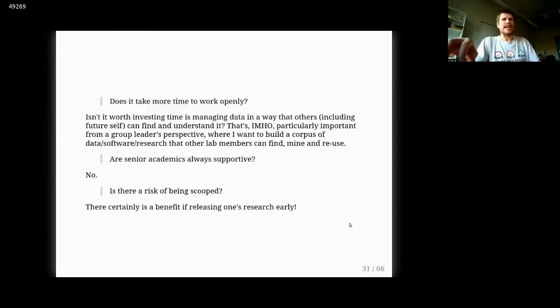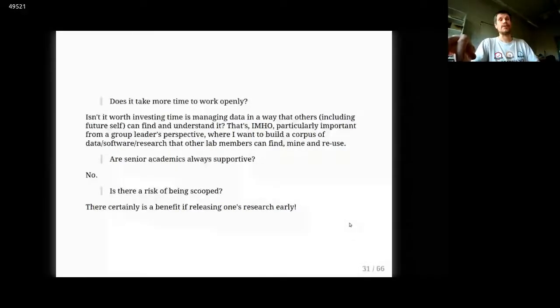But I would say, isn't it worth investing time in managing data and everything you produce in a way that others, and that includes your future self, can find and understand it? Right? I think that's extremely important for anyone that wants to build a career in research, whether you're a group leader or not.